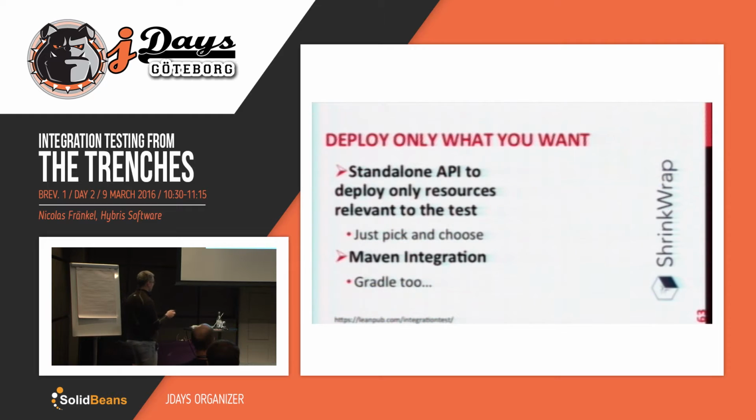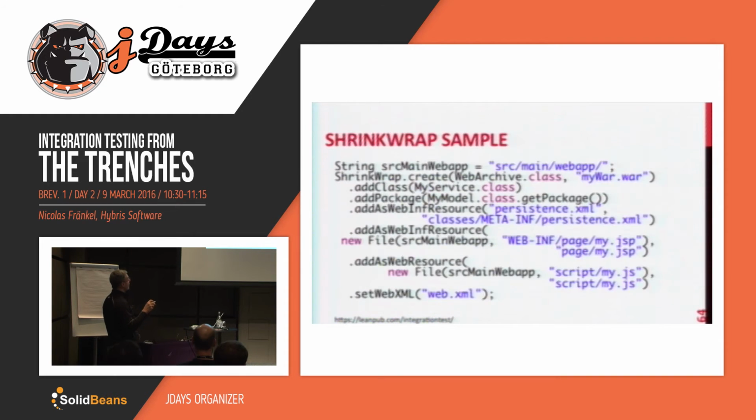It has a Maven integration, and for Gradle lovers, also Gradle. So here is a sample example of ShrinkWrap, and even if you don't know ShrinkWrap, probably you can understand it. Like, hey, I will create a war named mywar.war. I will add this class. I will add all the classes that belong to this package.